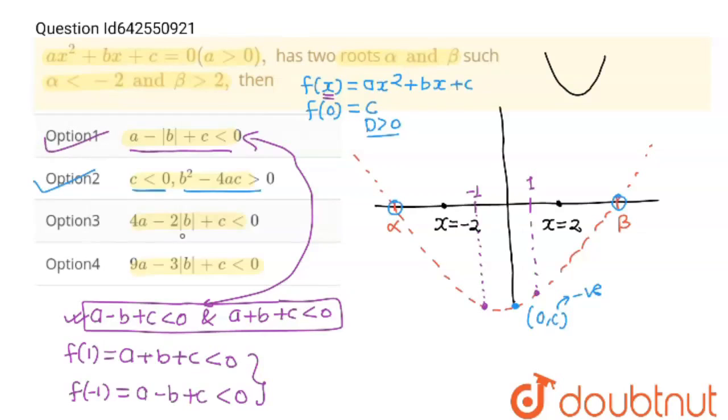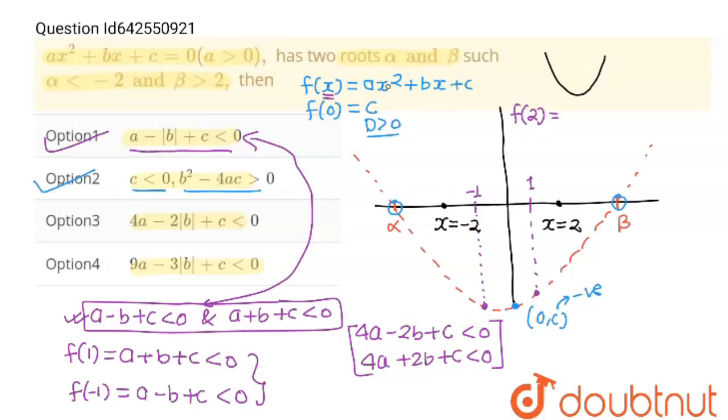Now for option 3rd, I am going to find the sign of 4a minus 2b plus c. If this is less than 0 and 4a plus 2b plus c is less than 0, if both statements are correct, then we can say option 3rd is also correct. So I am going to find both values at f(2) and f(-2).